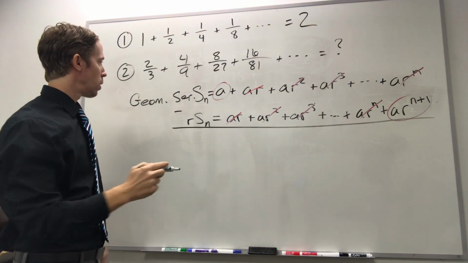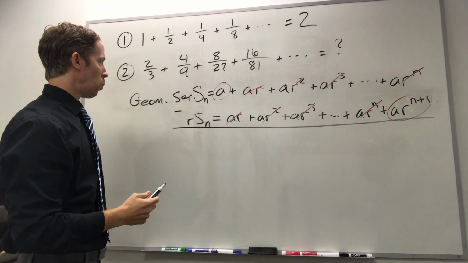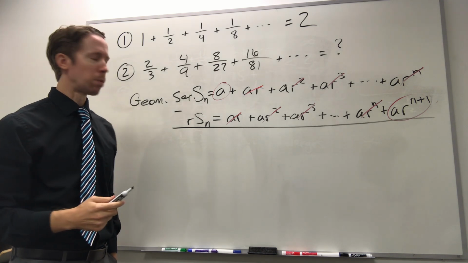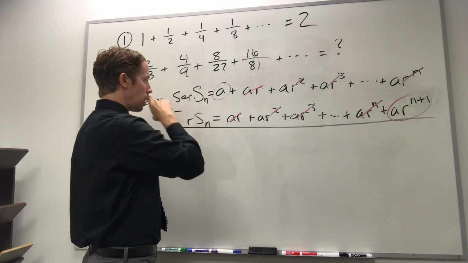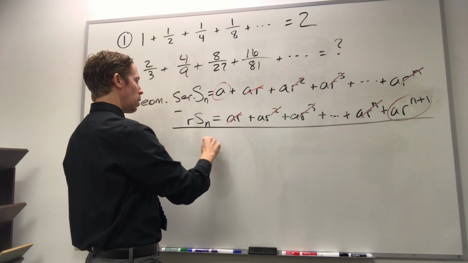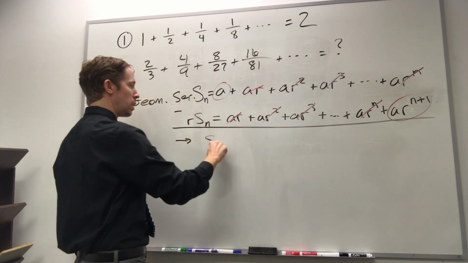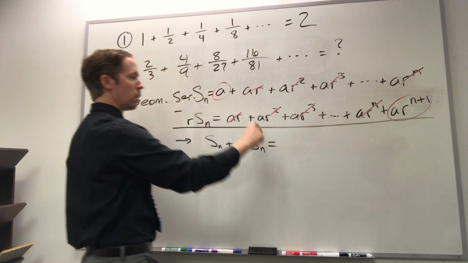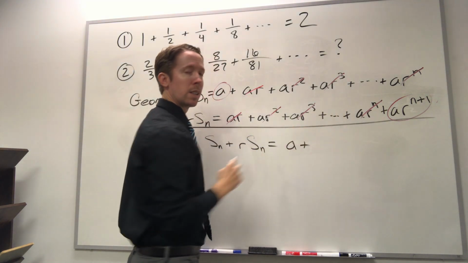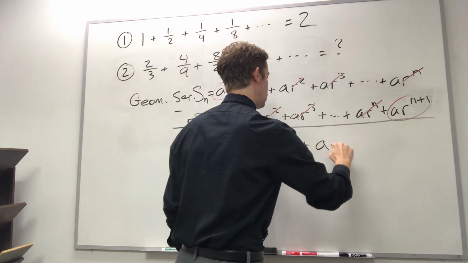So I'm going to write down an equation where I can get a nice expression for Sn. My equation from this is Sn minus rSn equals a minus a times r to the n plus 1.